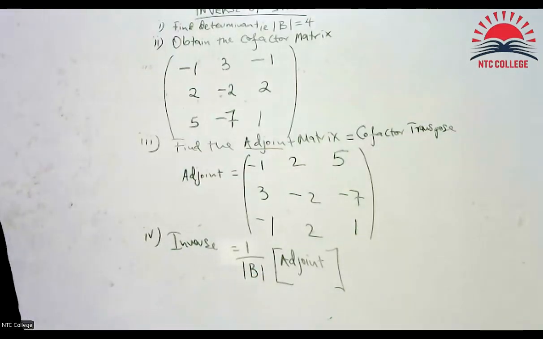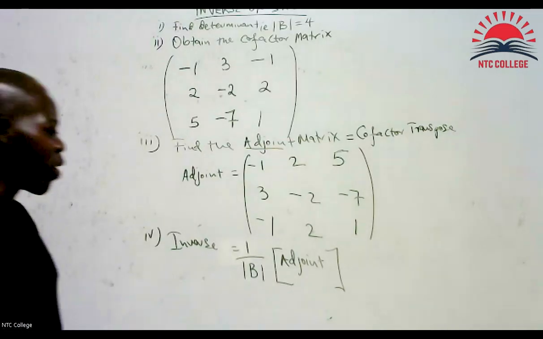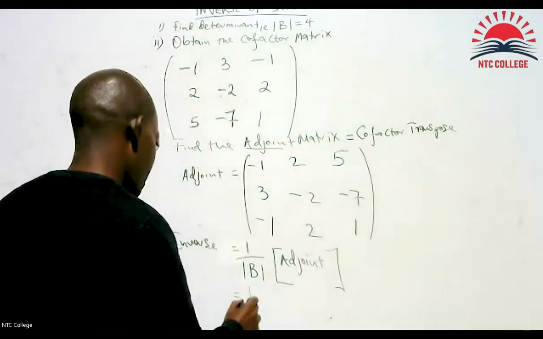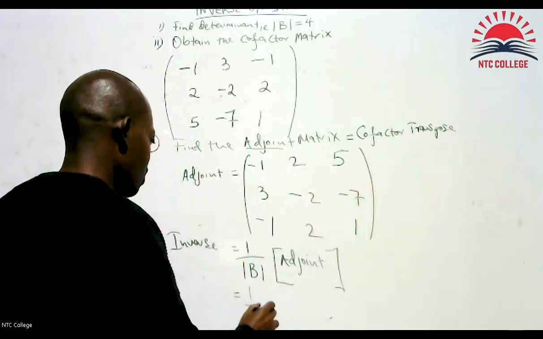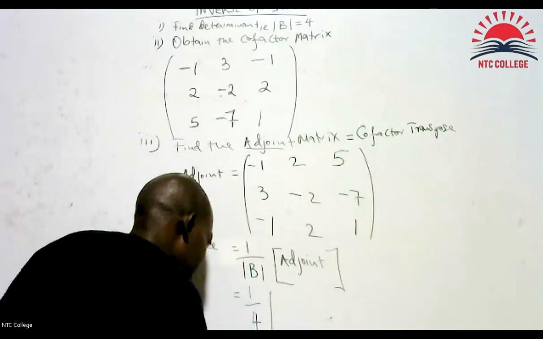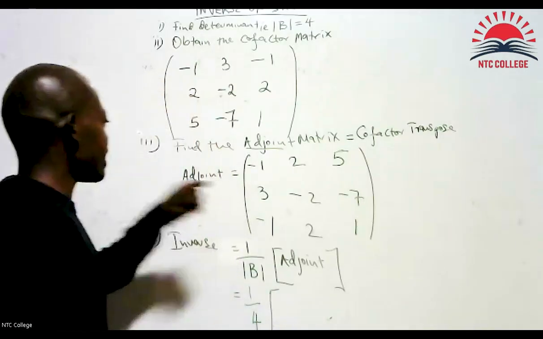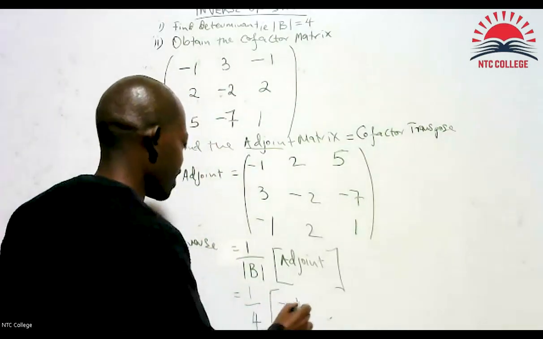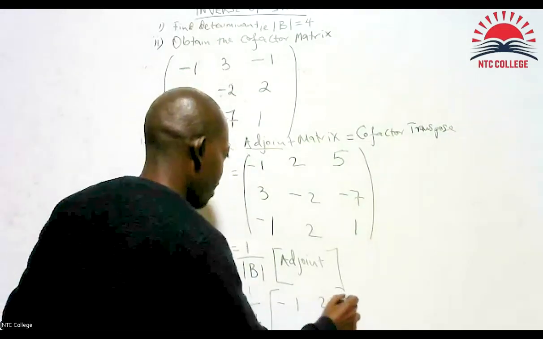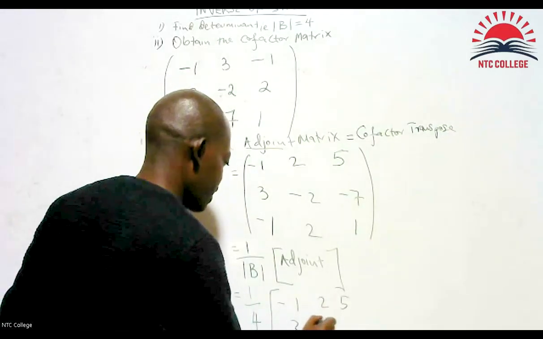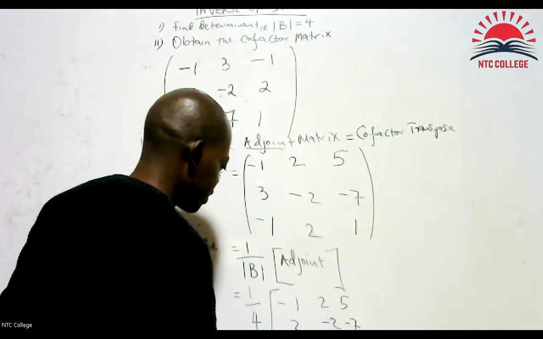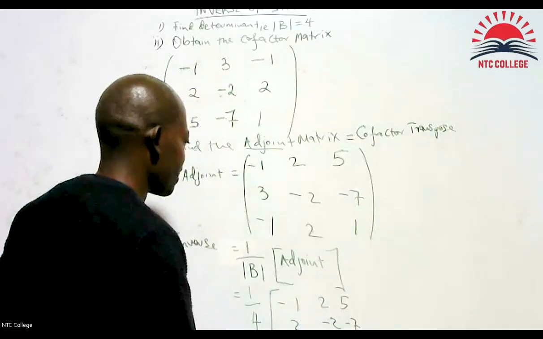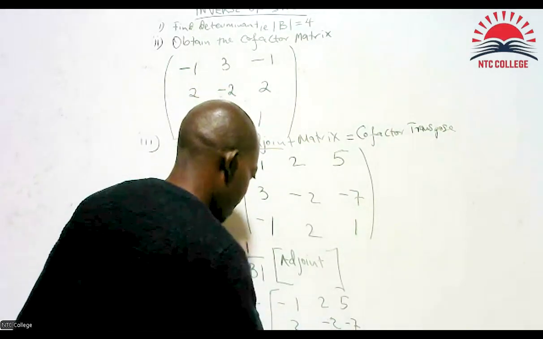In our case, because we have done everything, it should be 1 all over 4. 1 all over 4, that was the determinant, and that's why we started from that point. 1 all over 4 into the adjoint matrix, which we have just interchanged: -1, 2, 5, 3, -2, -7, -1, 3, 2, +1.